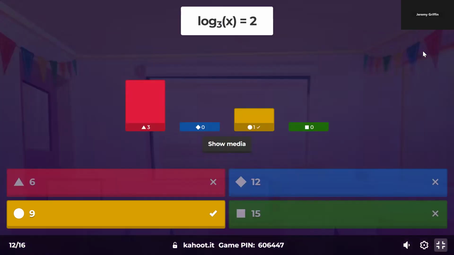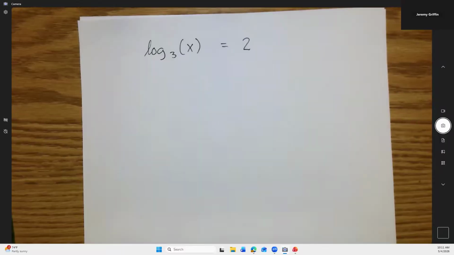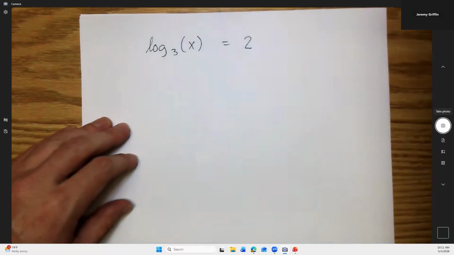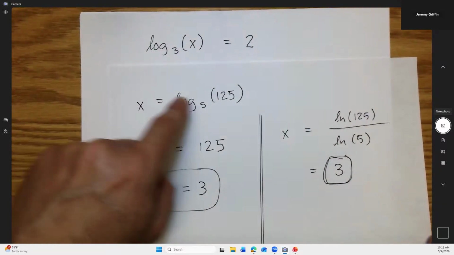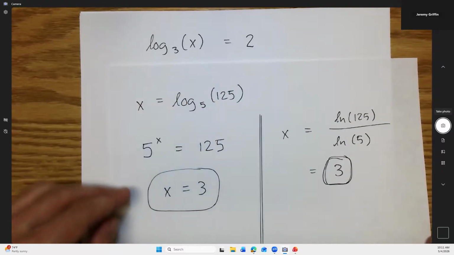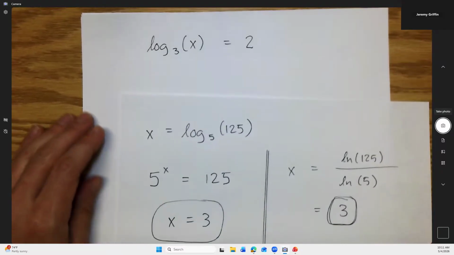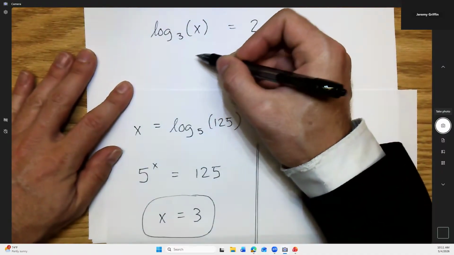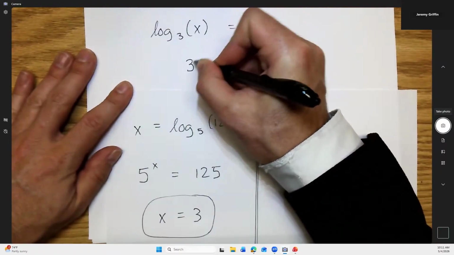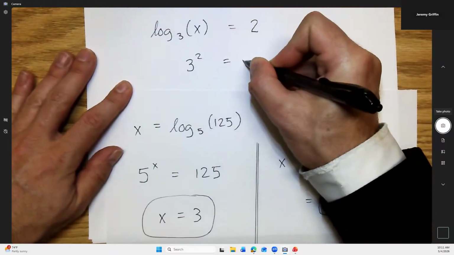Take a look here. So here we go to the last one. If I take this base to the power of the opposite side, it's equal to this inside number. So 5 to the x is 125. Now I can do the same type of translation right here. What to the 1 is equal to what? 3 to the 2 is equal to x.